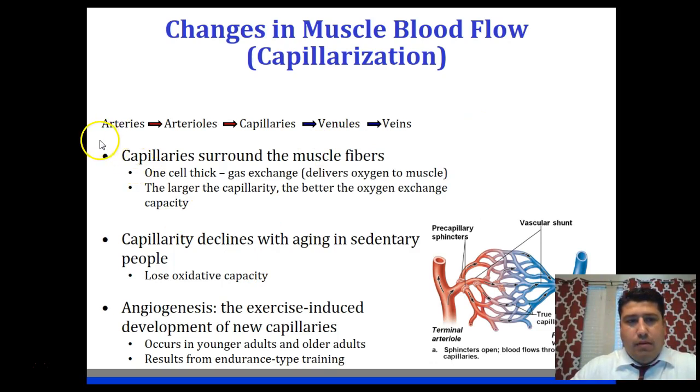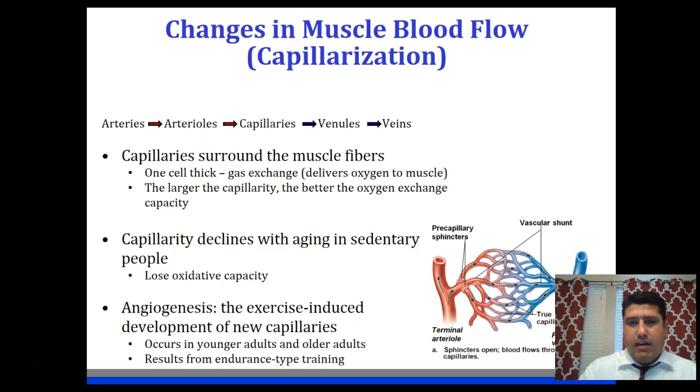So you can see the pathway of blood as it leaves the heart. It leaves the heart through a system of arteries, and it travels throughout the body to the tissues. Once it arrives at the tissues, it breaks off into arterioles, and then the arterioles eventually lead to the network of capillaries inside the muscle tissue.